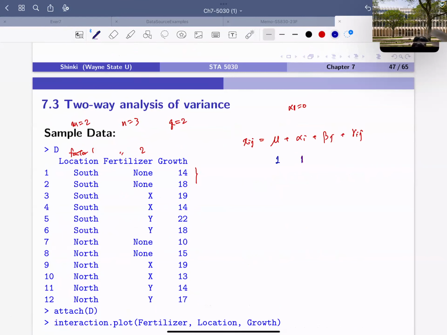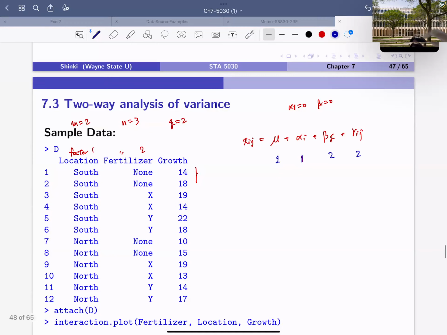And beta_1 is equal to 0. So we have beta_2 and beta_3, so that means we have 2 parameters here. And gamma_ij, then we have some restrictions, but after several restrictions, we have the 2 additional parameters. So in total, we have 6 parameters. Actually, gamma_ij, we have 6 parameters, but we have 5 restrictions and 1 redundant restriction.